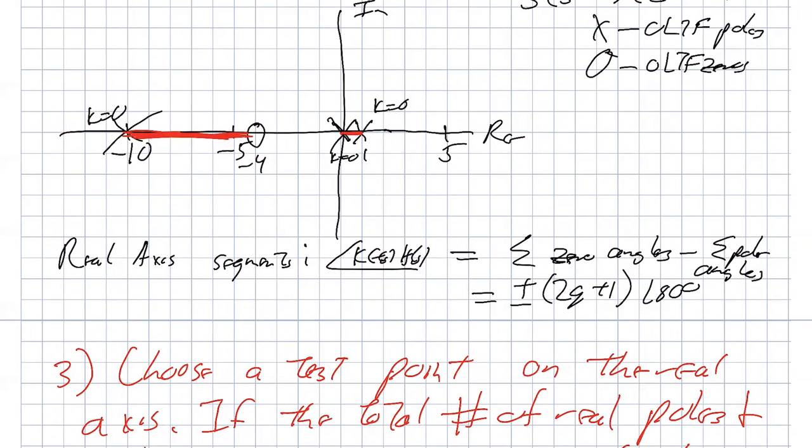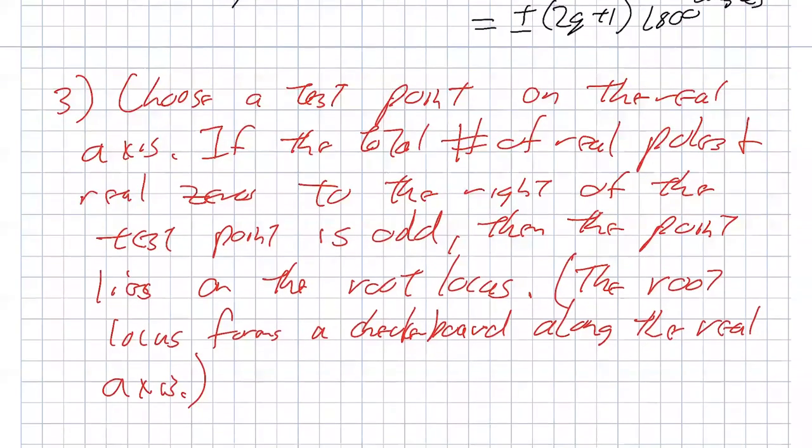And then finally over here, I've got 1, 2, 3, 4. That's even, so it's not on the real axis. So again, checkerboard pattern: not on the axis, on the axis, not on the axis, on the axis, not on the axis. It's always going to have that same pattern.